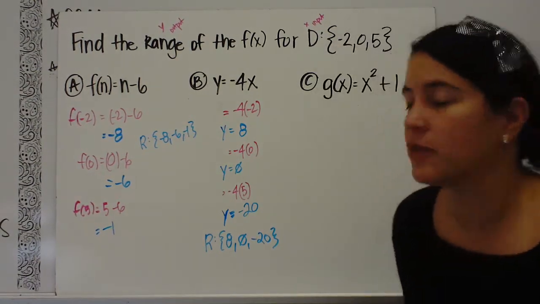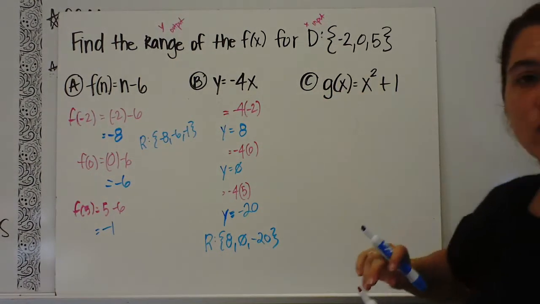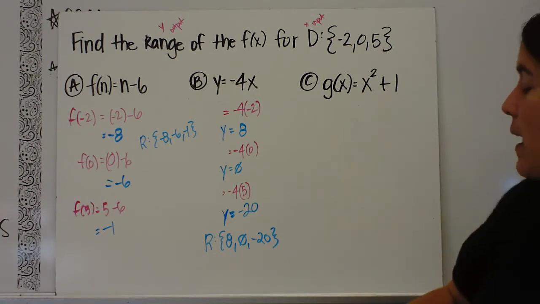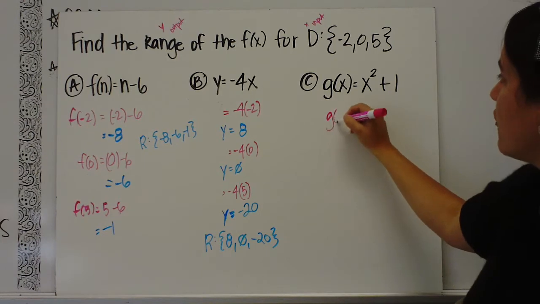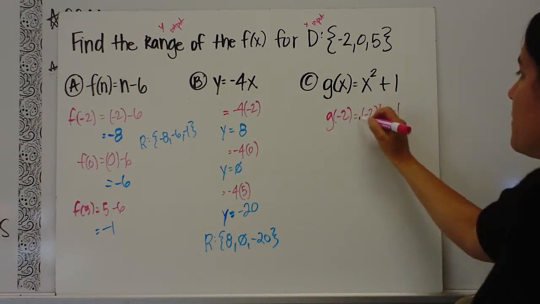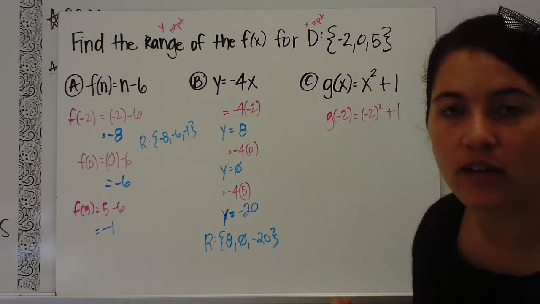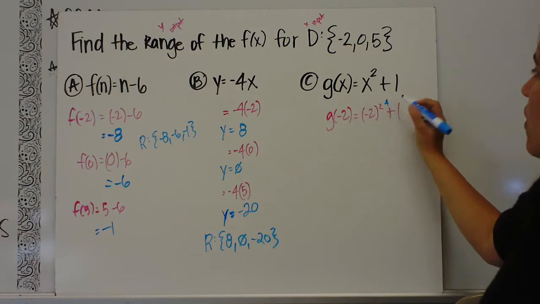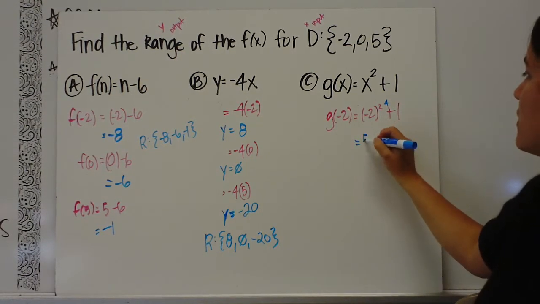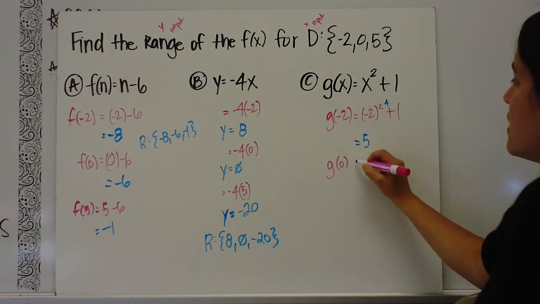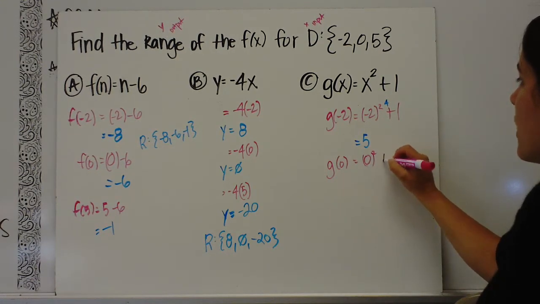Alright, so this last one has the x squared value, so be careful. When you input it, g of negative 2 means negative 2 squared plus 1. Negative 2 squared means negative 2 times negative 2, which is going to give us a positive 4. So 4 plus 1 is 5. When I substitute in g of 0, 0 squared plus 1.